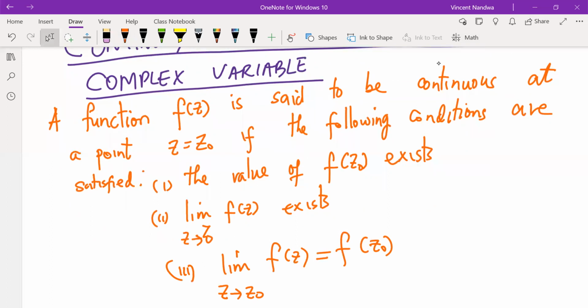So that's how we define a function f of z being continuous at a point z equals z naught. You see that the same structure or the same definition agrees with what we defined for the case of a real valued function.